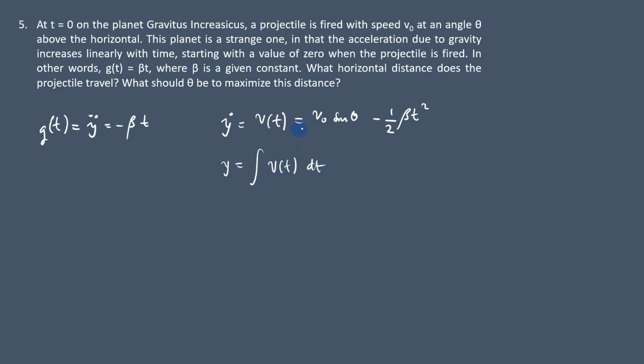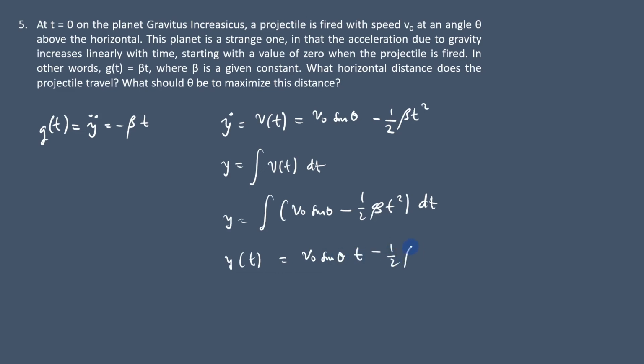of v(t). Okay, we can integrate this term, Vo sine theta minus 1/2 beta t squared dt, and we get y as a function of t: Vo sine theta times t minus 1/2 beta times t cubed divided by 3 plus y at the initial position, given by the zero index.